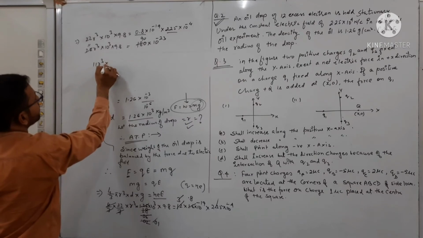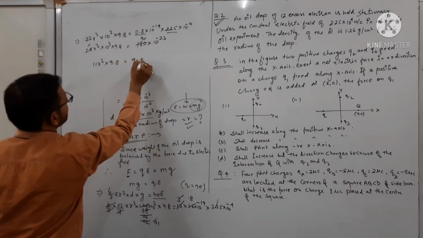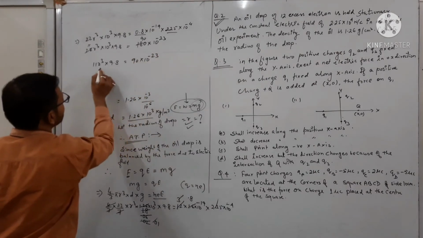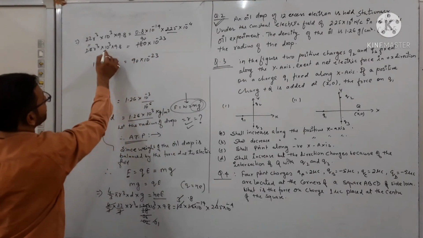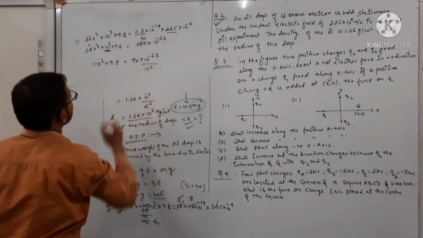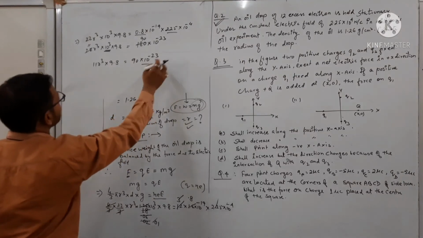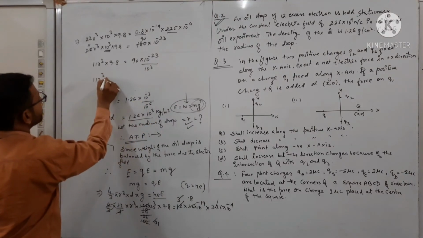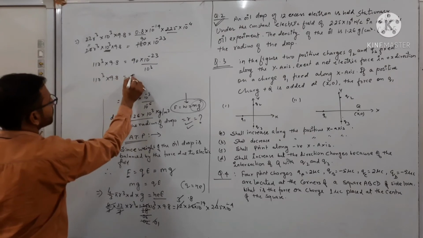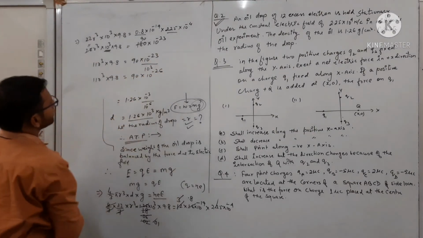So 2 11 ja, 2 90 ja, so it is equal to 11 r cube into 9.8 is equal to 90 into 10 raised to the power 23, and 10 raised to the power 3 on this side will go down, so it is upside: 11 r cube into 9.8 is equal to 90 into 10 raised to the power 26.